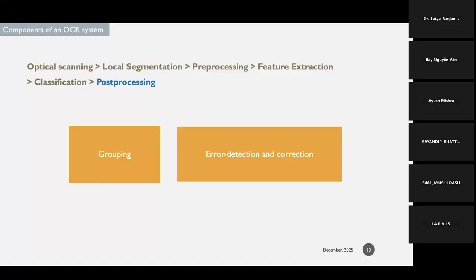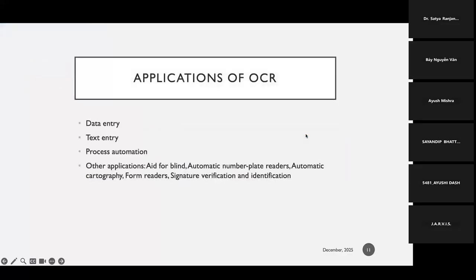An error may transform the word from one legal word to another, and such errors are undetectable by this method. And the disadvantage of the dictionary method is that the searches and comparisons are time consuming, right?